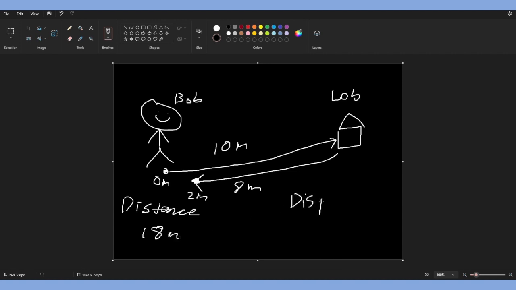Displacement, in this scenario, the displacement is the difference: final minus initial. So in this case, the final is 2 minus the initial, which is 0. So 2 meters. And then there you go.